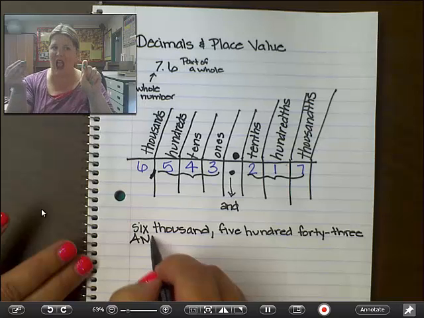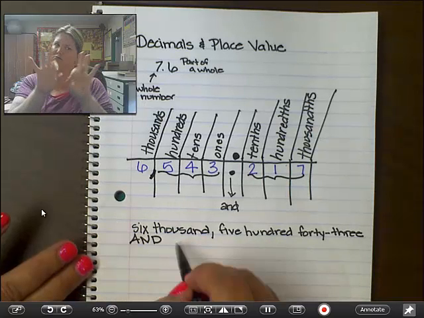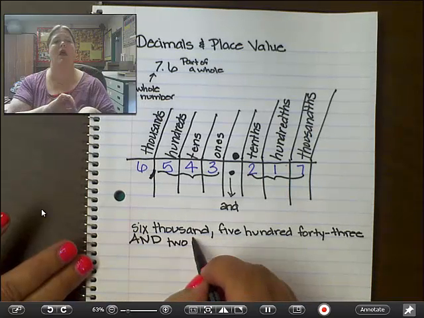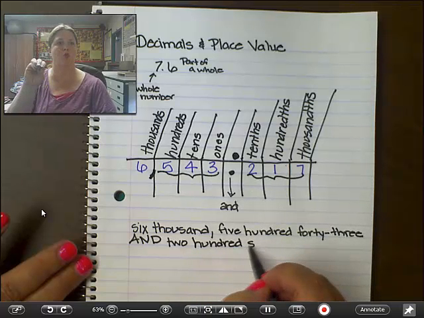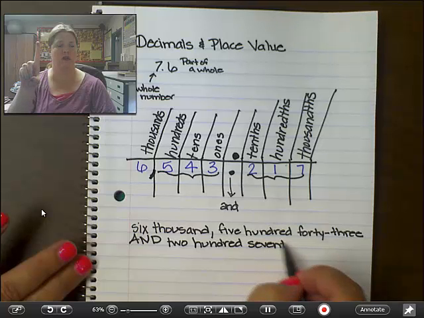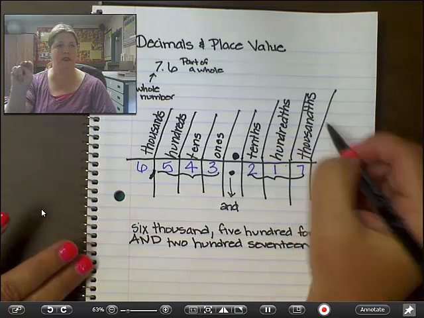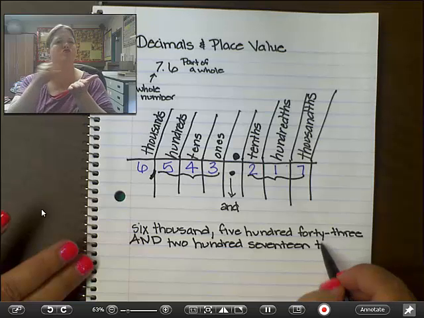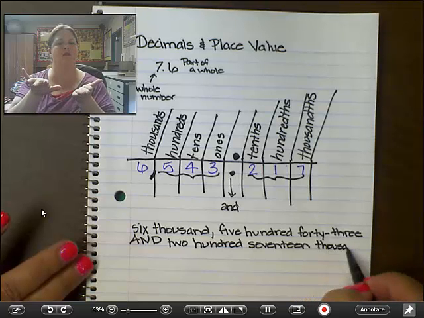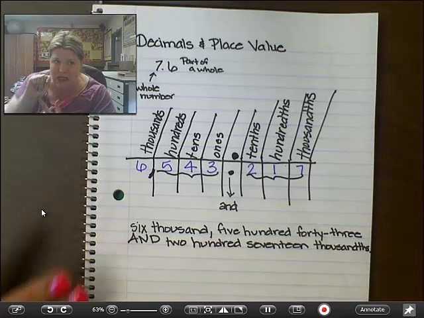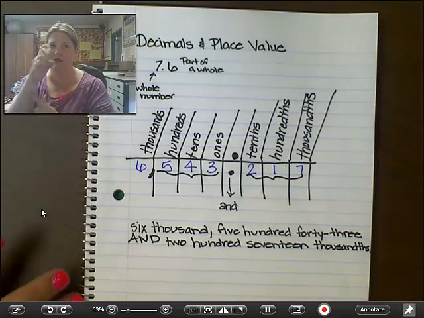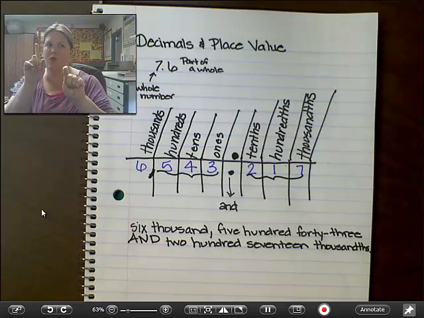And that is critically important. 217. And now I'm going to check my spelling. Thousandths. You do need to have that down in your notes.